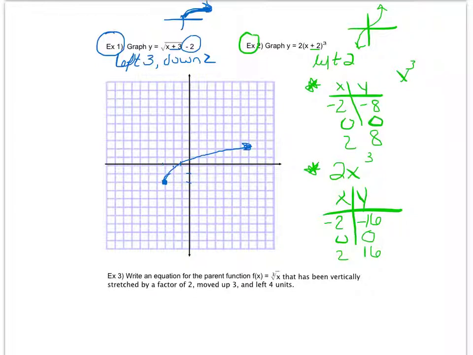So I'm moving up or down at a much faster rate. So there's that vertical stretch. It's almost like I'm taking my quote-unquote normal y value from my parent function and pulling it up to a higher value.